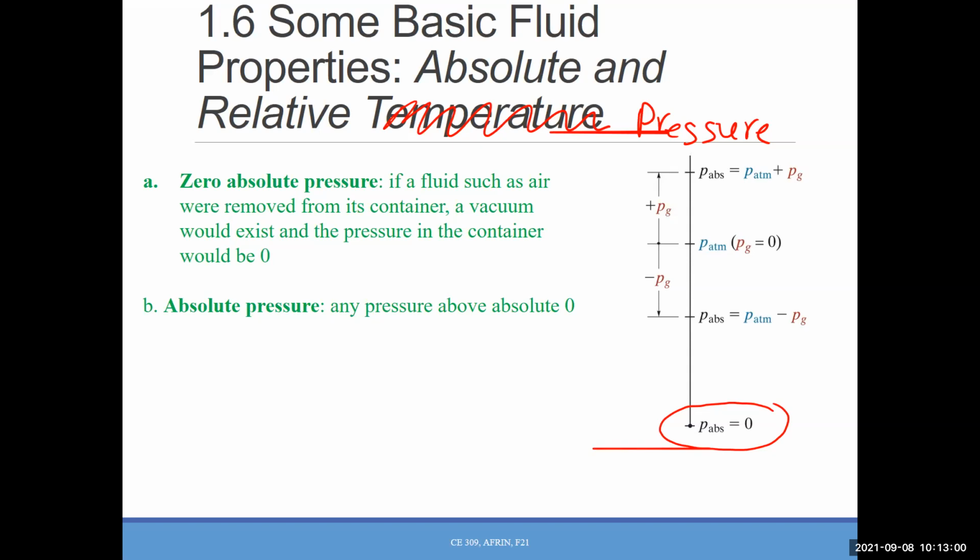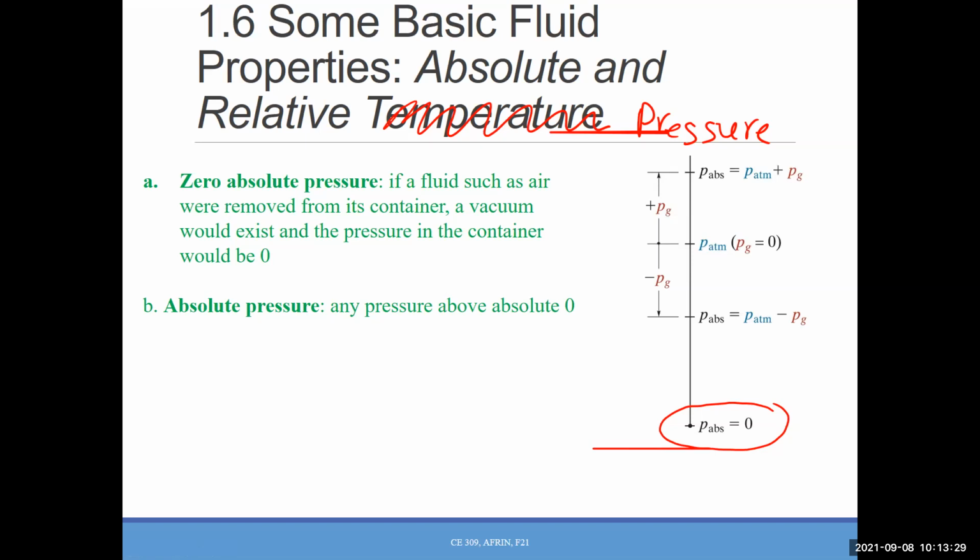Now, there is another type of pressure we will use, which is called gauge pressure or relative pressure. What value of pressure will we use as a standard for gauge pressure? What is the most common gas we encounter every day, every second, every millisecond? Air, right?